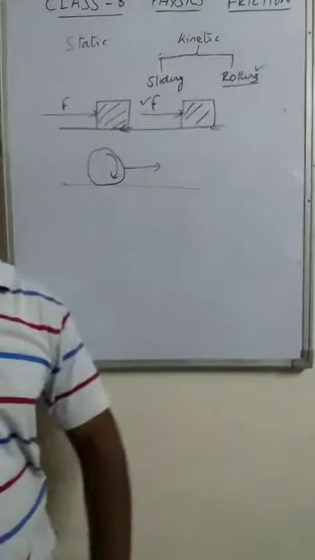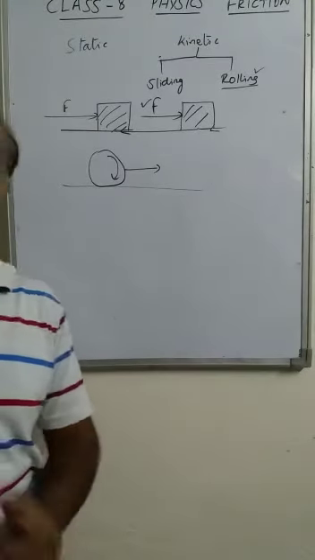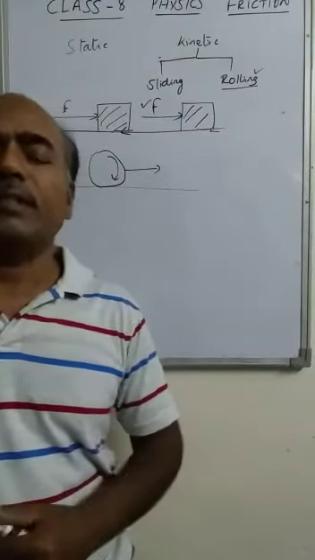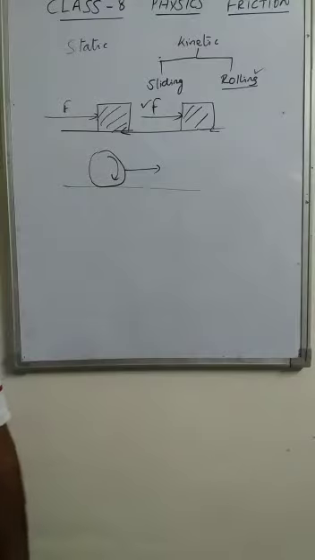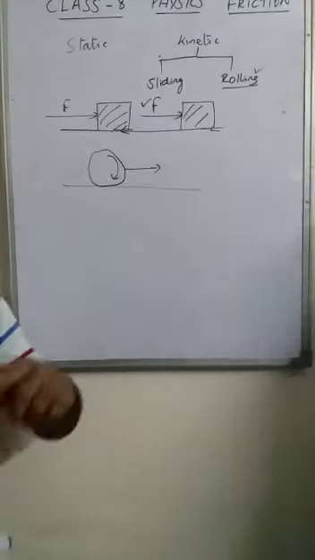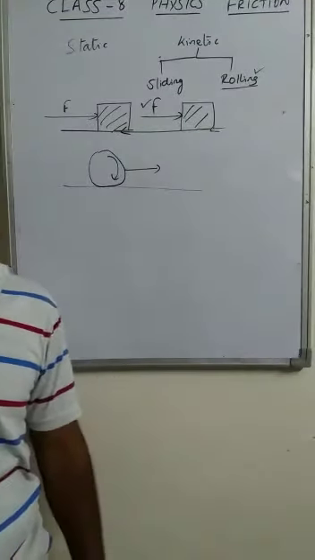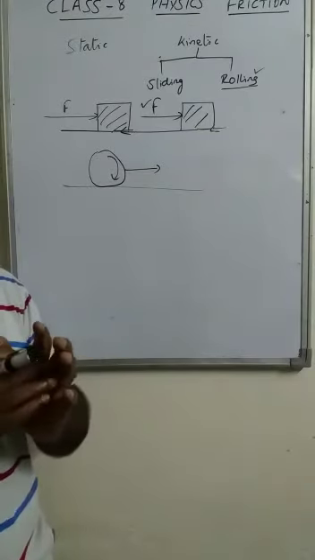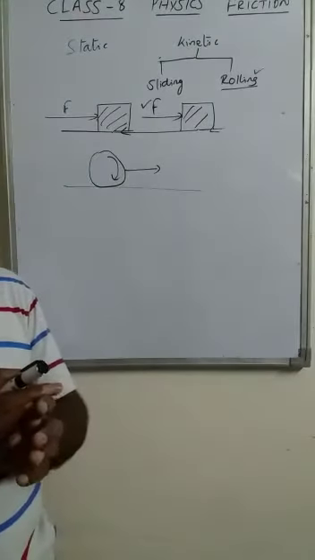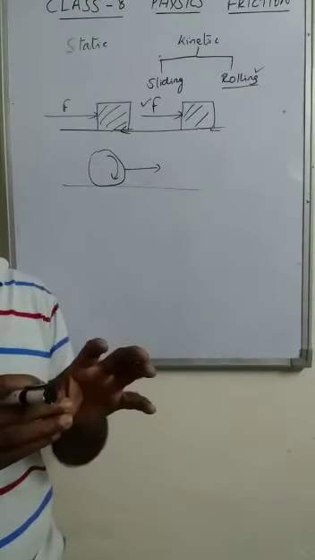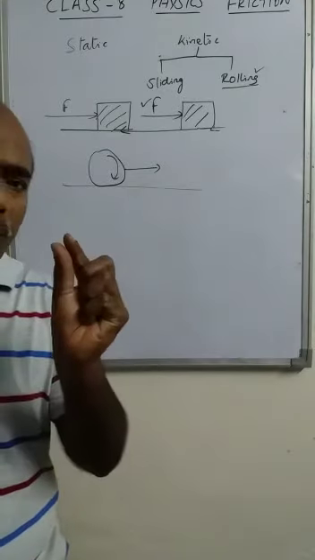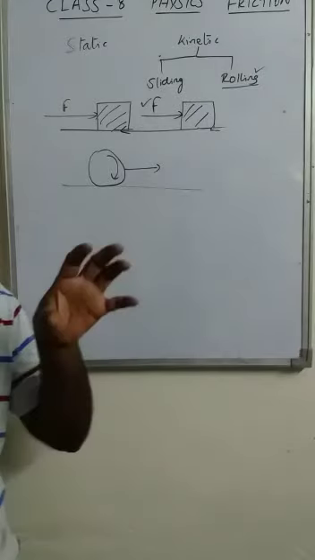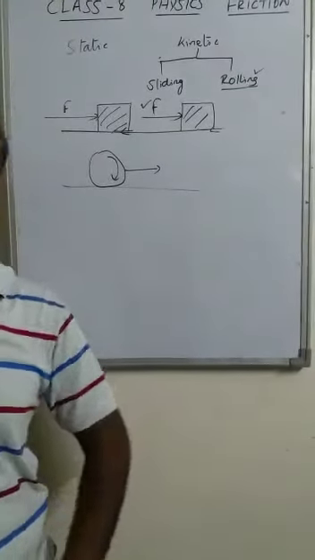There are so many examples, even in vehicles, for example the bicycle. In bicycles, the wheels are circular, and if you take the bicycle to a mechanic, he opens the wheel and you find some small balls, we call them ball bearings, fixed at the center of the wheel.